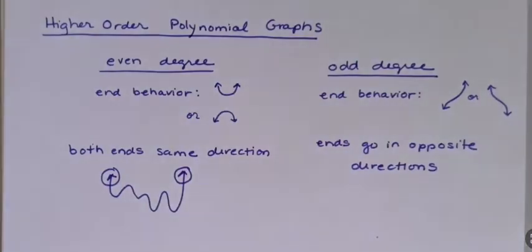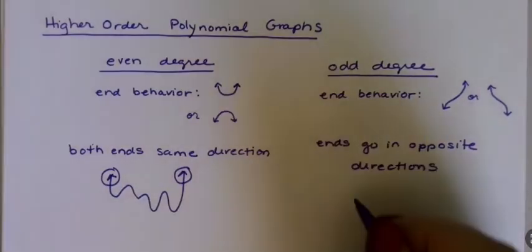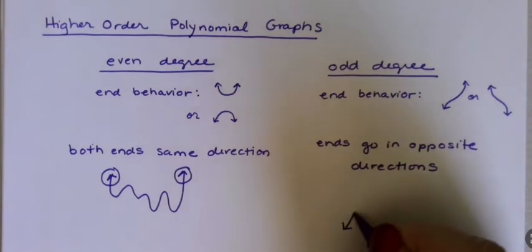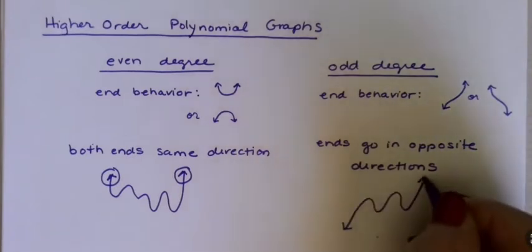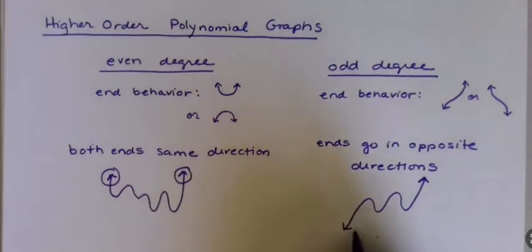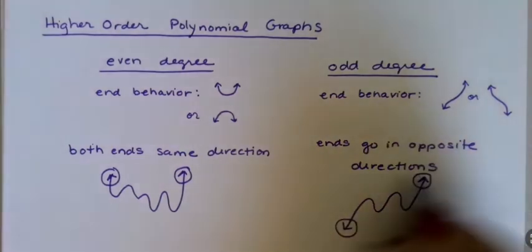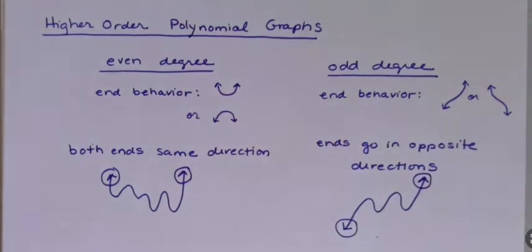Once again, you can have other stuff happening in the middle, right? I could have maximums and minimums happening in the middle, and that would be fine. But as long as my ends go in opposite directions, I'm thinking this is going to be an odd degree polynomial. This is the criteria that I'm going to use to decide whether to choose an even degree model or an odd degree model when I look at the points that we're going to plot here in just a minute. Okay?